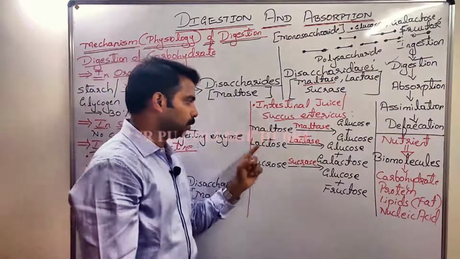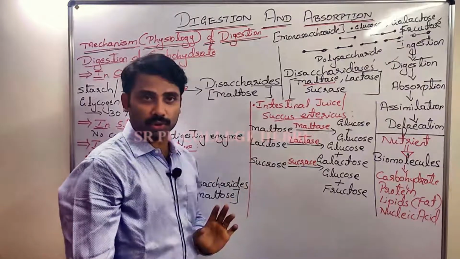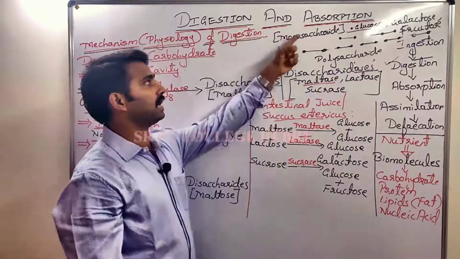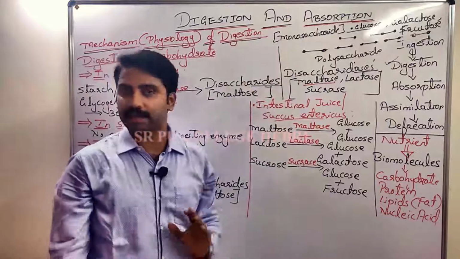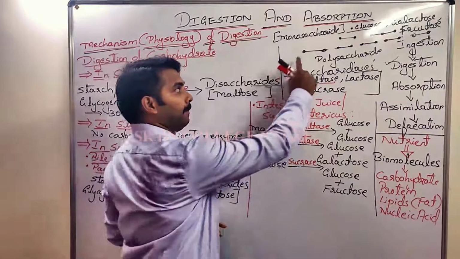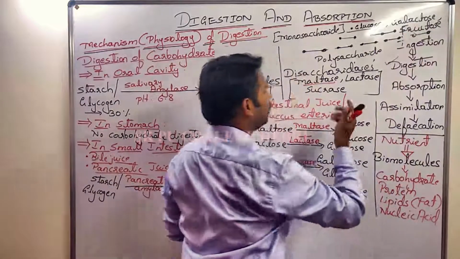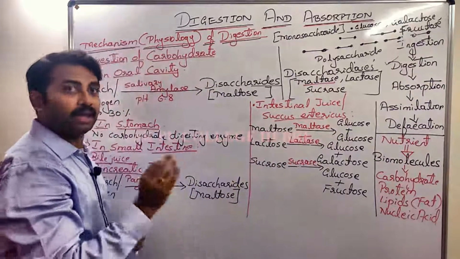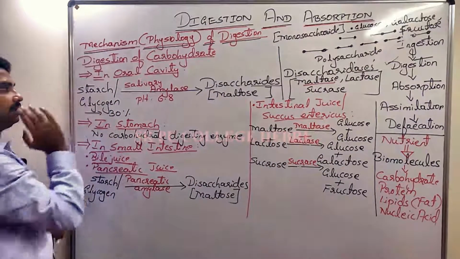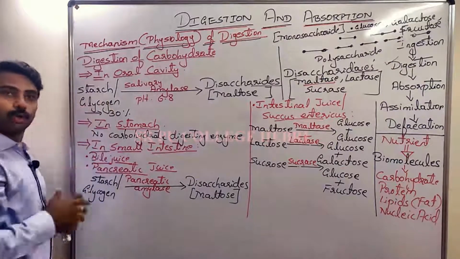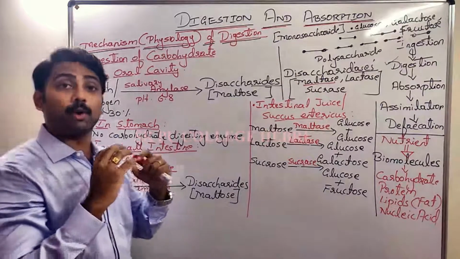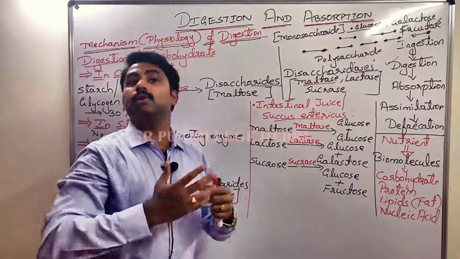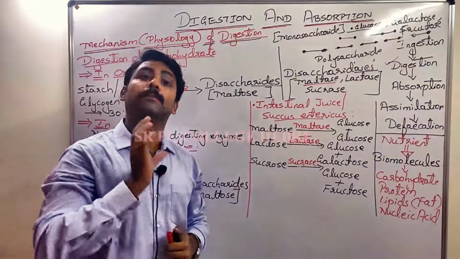Examples: maltose, lactose, sucrose. If three monosaccharides join, it is called trisaccharide. If many monosaccharides join, they form polysaccharide. Examples of polysaccharide are starch, glycogen. You might have heard about cellulose. These are all examples of polysaccharide.